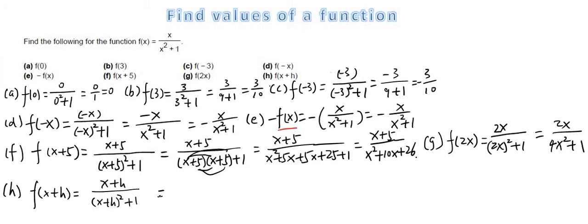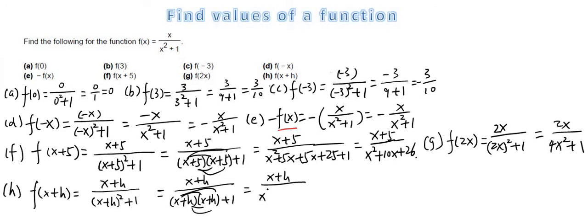Again, we can simplify it. x plus h squared can be written down as x plus h times x plus h. So we have x plus h distribution.